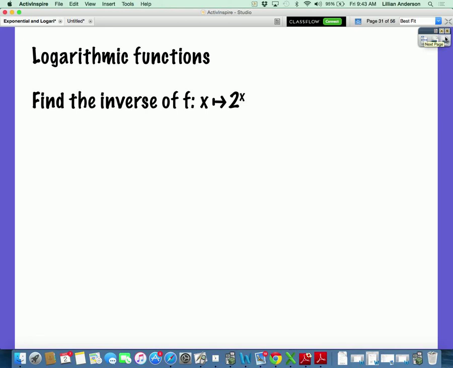Dealing with logarithmic functions here. We're going to find the inverse of f of x equals 2 to the x. Back to your notes.